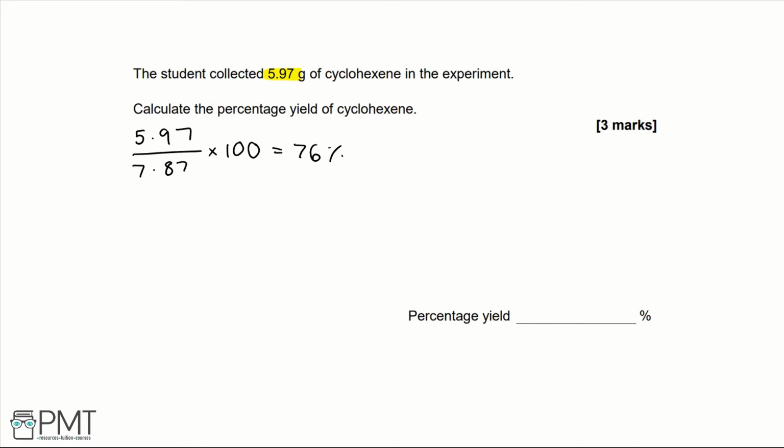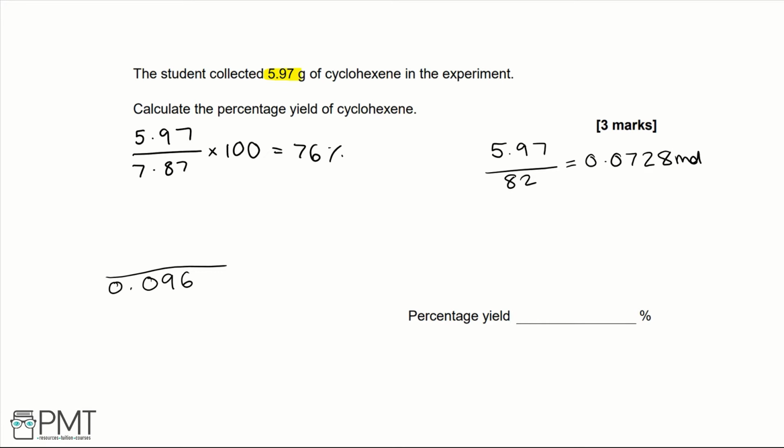So this alternative method, instead of using mass, you use moles. So we already know the maximum theoretical moles of cyclohexene that we can produce, and that's the same as the moles of cyclohexanol because it's a 1-to-1 ratio. But then we need to work out the moles of cyclohexene. So that's going to be 5.97 divided by 82, which equals 0.0728 moles.